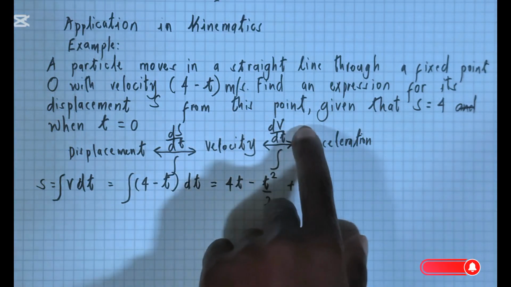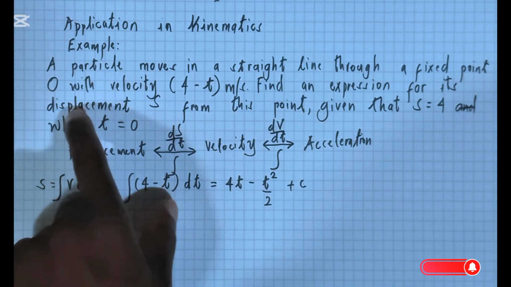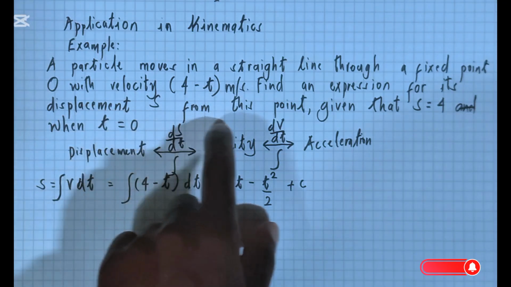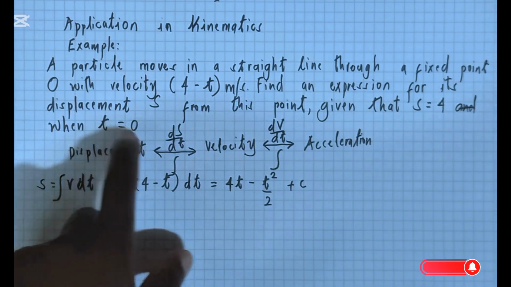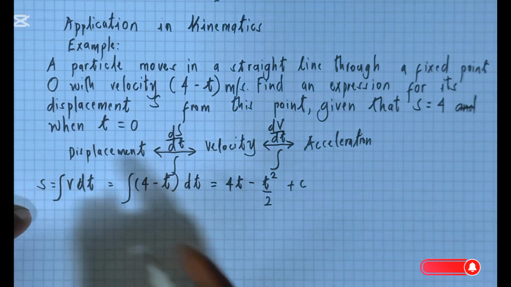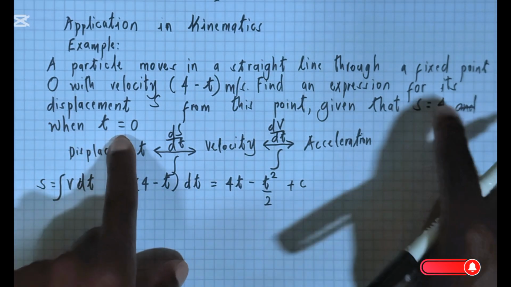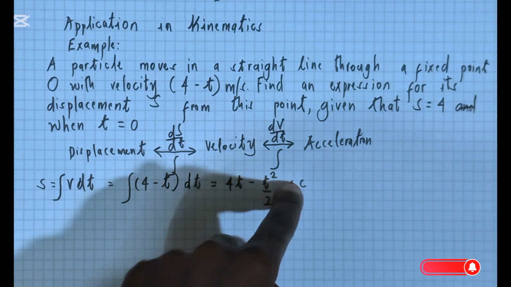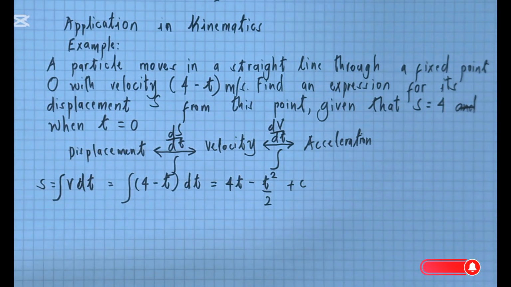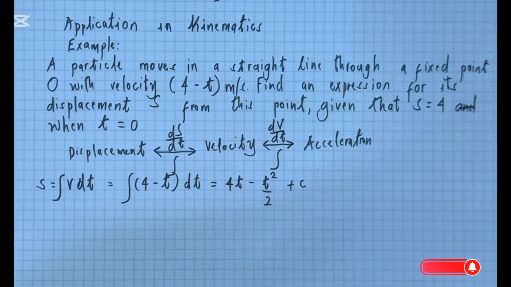However, when you read the statement further, we are told to find the displacement s from this point if s is equal to 4 when t is equal to 0. So we are going to substitute s with the value 4 and t with the value 0 to solve for the unknown value of c. Then we find the correct equation describing the displacement of this particular particle.